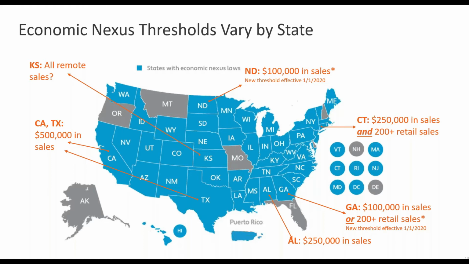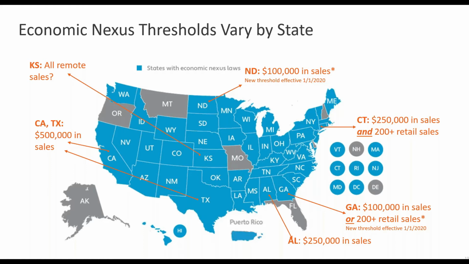Some, like Connecticut, have sales and transactions. And then if you look at Georgia, some have sales thresholds or transaction numbers. And if you sell into Kansas, one sale, it doesn't matter the dollar amount or the number of transactions, any sales create that nexus activity.